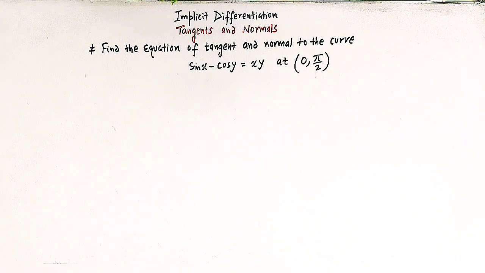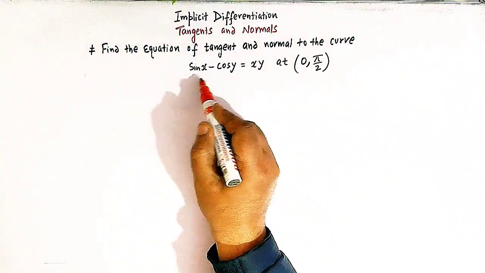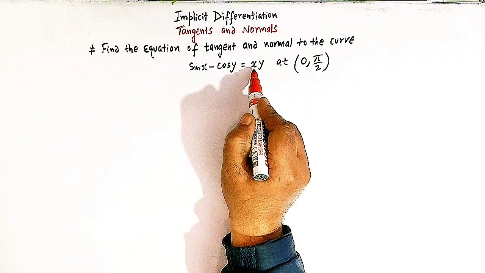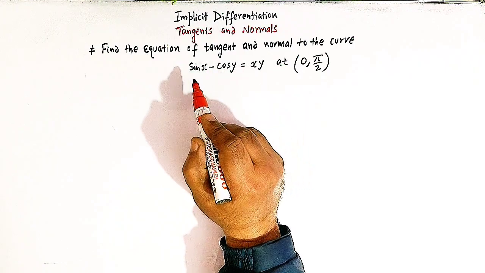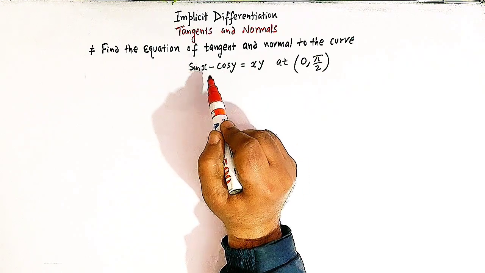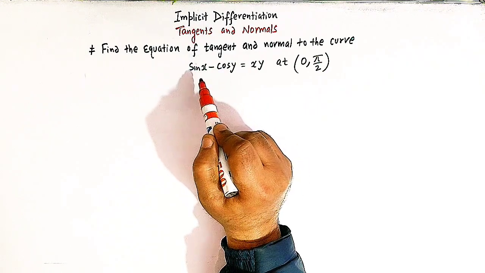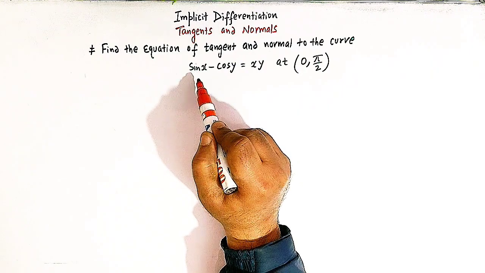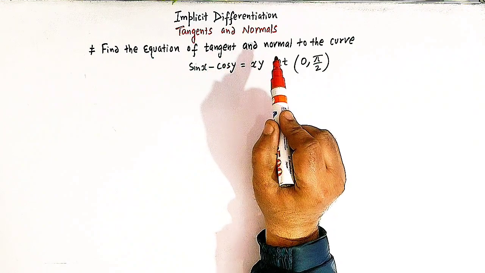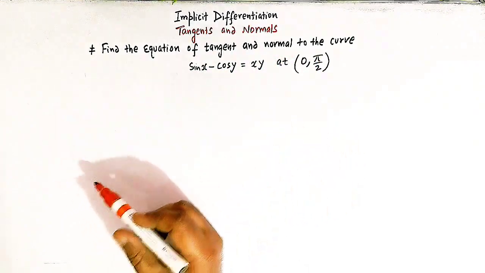So here we are given the equation of a curve in implicit form, right? So here we have sin x minus cos y is equal to xy, and first we'll find out the derivative of y with respect to x, which is the slope of the tangent, and then we'll find out the equation of tangent and normal to the given curve, right?